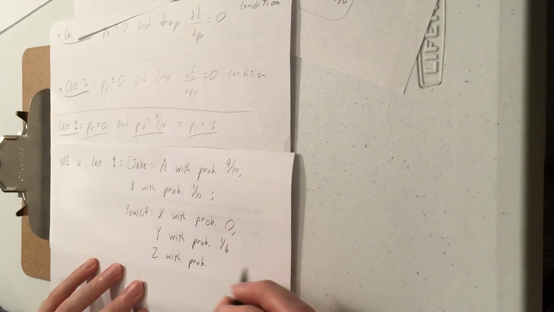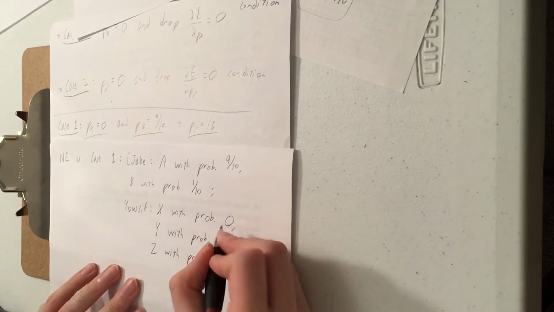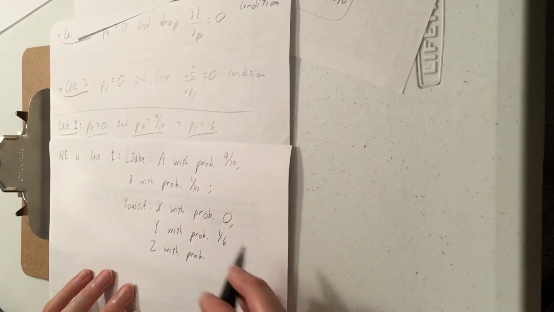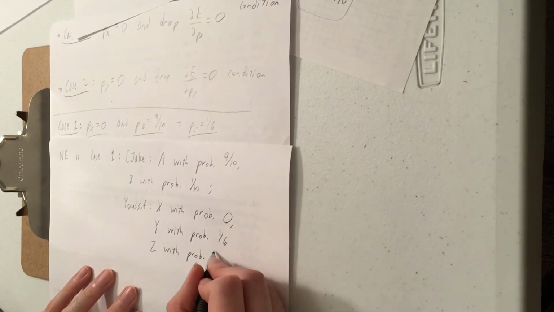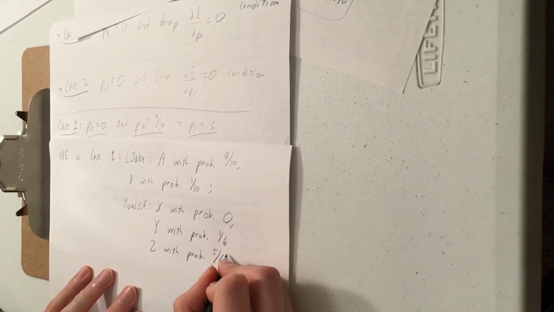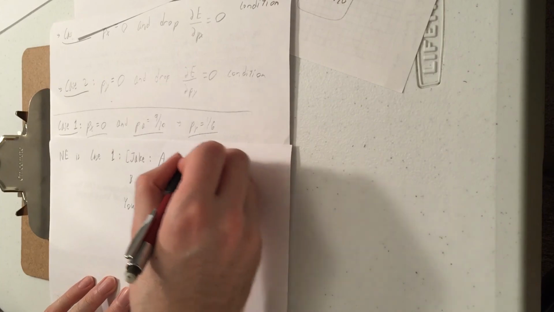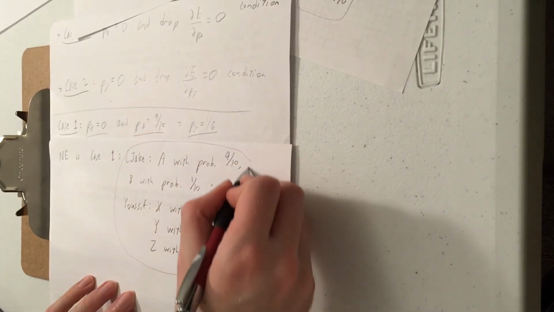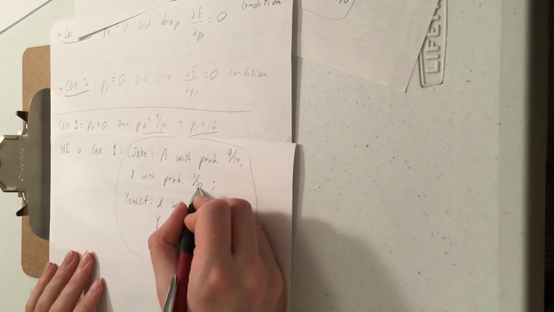Z is played with probability 1 minus PX minus PY, so 1 minus 0 minus 1/6 is 5/6. And that is our Nash equilibrium.